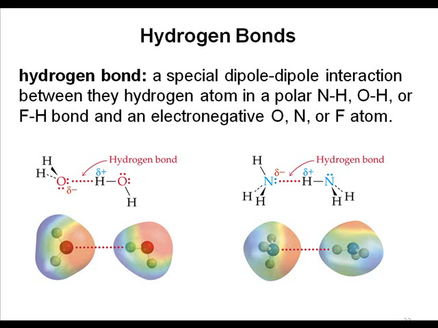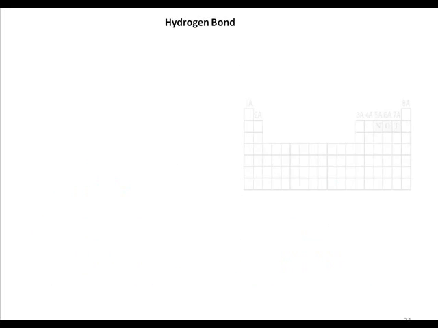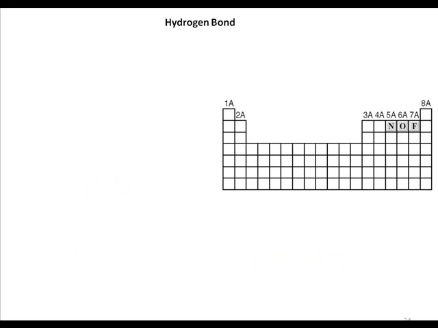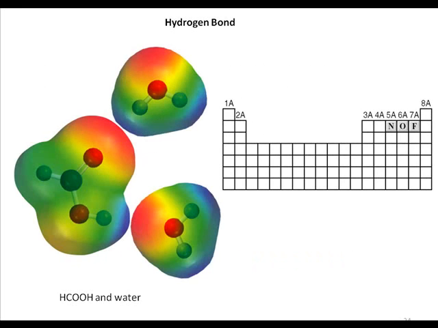So if you have the NH, or you have OH, or you have FH, you immediately got to think, I've got a hydrogen bonding situation, and because of that, I should see a high boiling point, I should see a high melting point. So NOF, that's where you're going to find the hydrogen bonding taking place, and that is where you have very strong polarity. And again, when you have that, there's very strong molecular attractions going on.